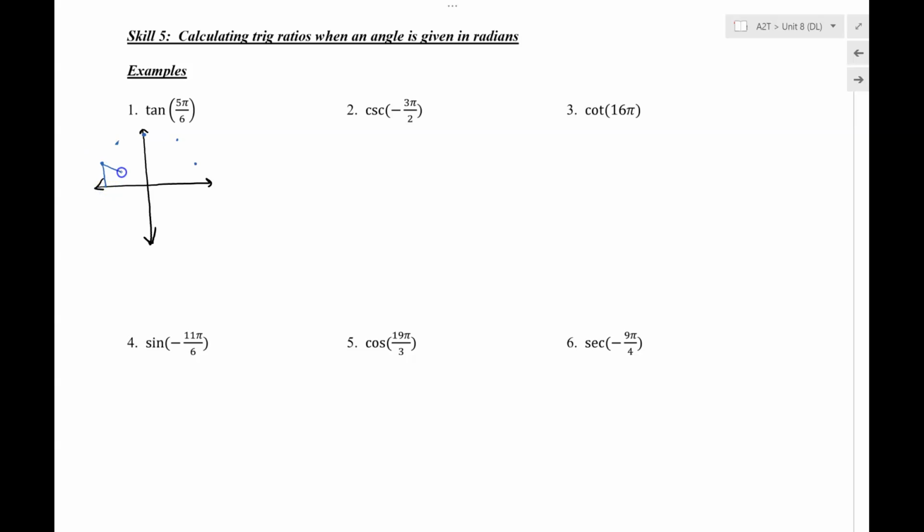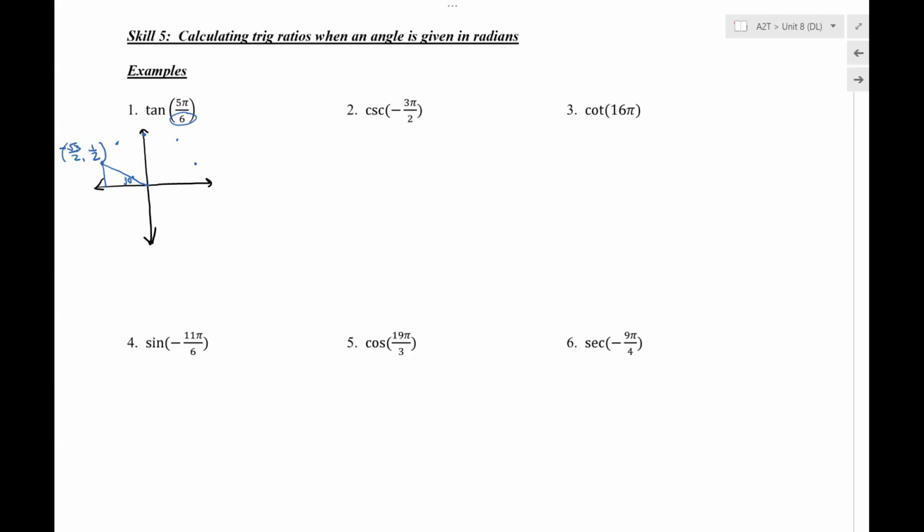Okay, so I am in the second quadrant, 30-degree reference angle because 6 was my denominator. I know that the coordinate for a 30-degree reference angle is rad 3 over 2, 1/2. And I know that sine and its reciprocal are the only positive, so it's a negative rad 3 over 2.